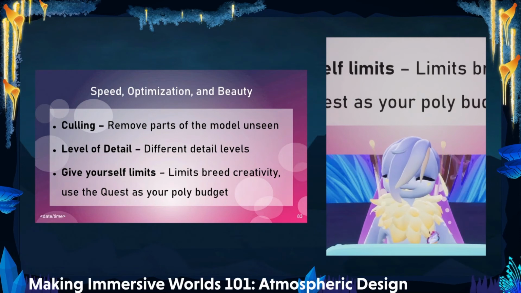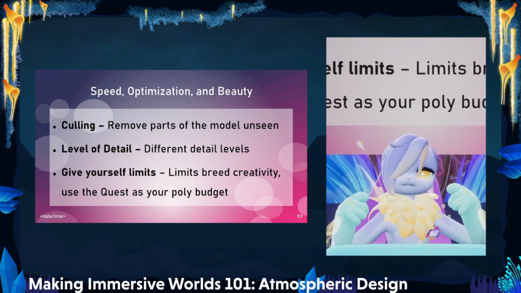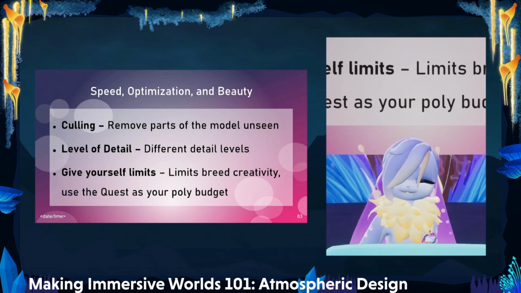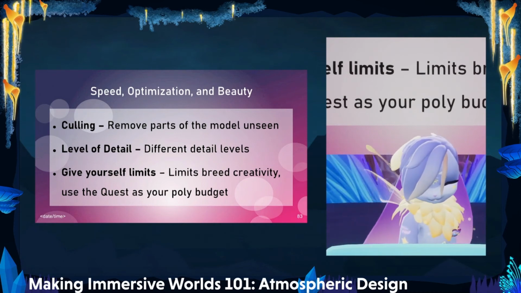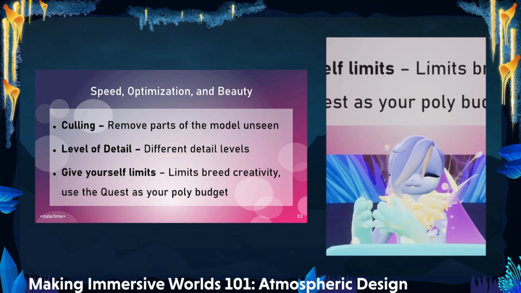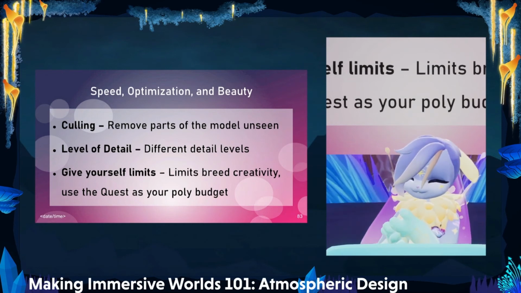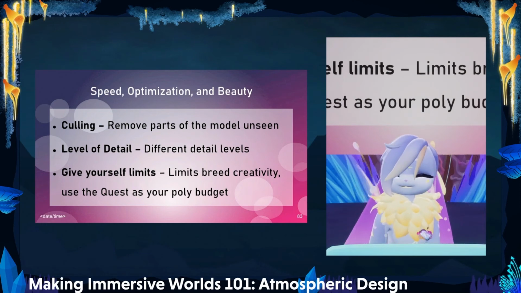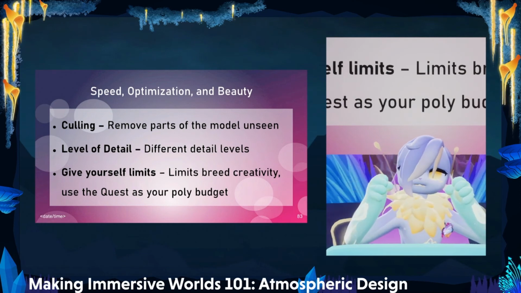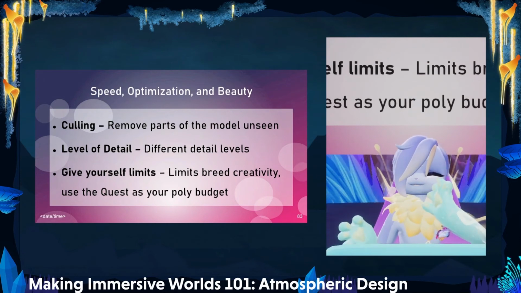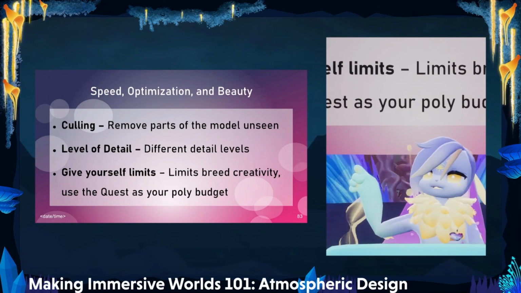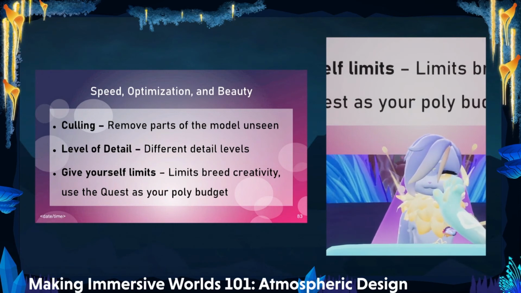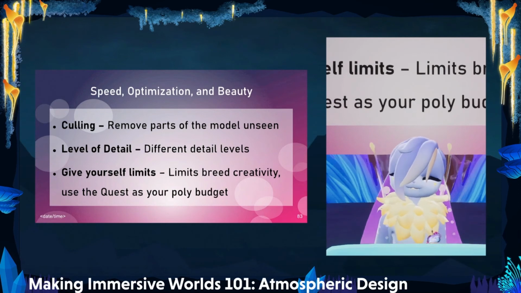If you give yourself some limits, you will think much more creatively. Let's say you have a poly budget, this is how many polys I could use. Or you could limit the number of materials you use. Just don't go overboard. It helps a lot. If you've seen very large worlds that are supremely optimized, it's because they give themselves limits for the most part. So give that a chance.